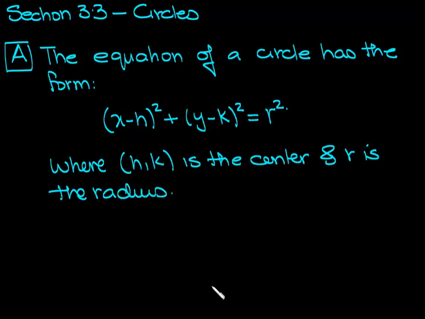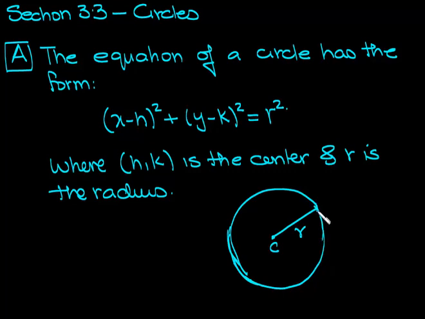So from geometry you know what a circle is. A circle is a collection of all points that are equidistant from a fixed point called the center, and the fixed distance is called the radius.